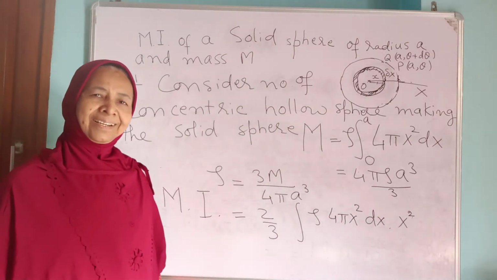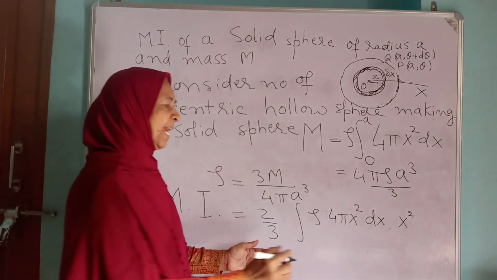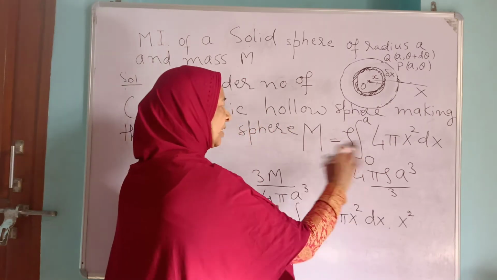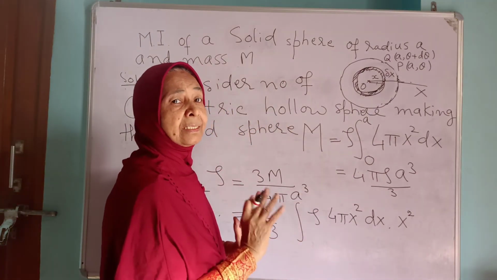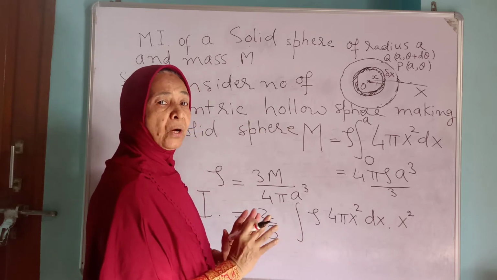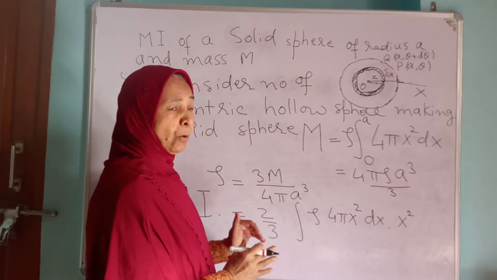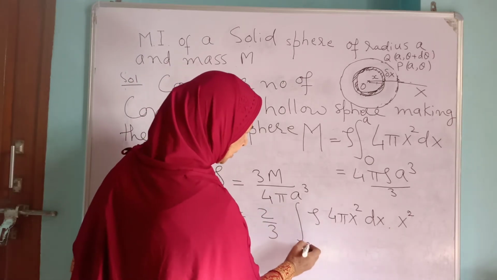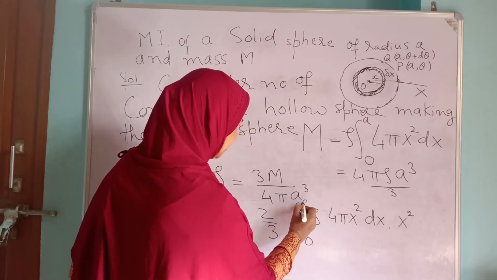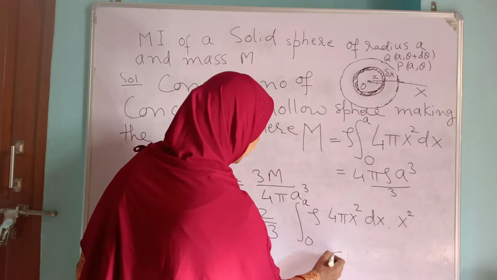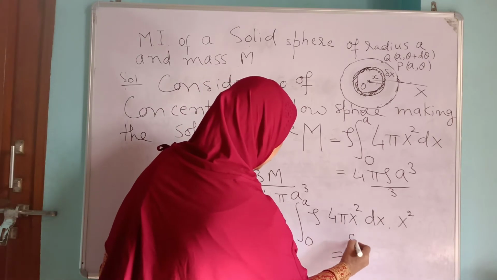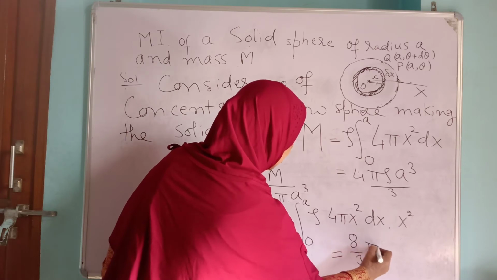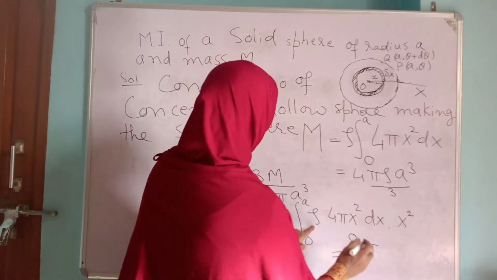Is that okay? 2 by 3 ma square. What is that? That is the result we have just found, the moment of inertia of a hollow sphere about an axis OX. So the integration is from 0 to a, and it will come out as 8 by 3 pi rho.